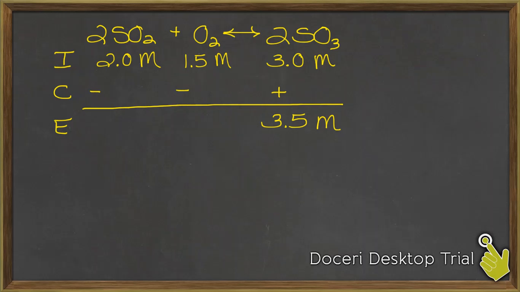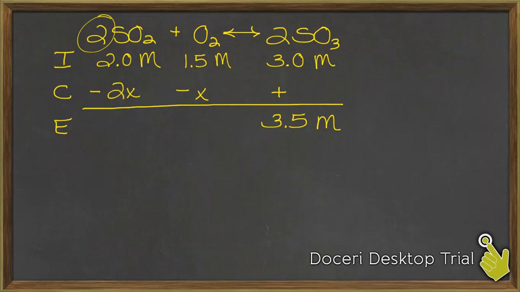Now watch what I write here. Under oxygen, I'm going to write minus X. Oxygen's molarity is going to decrease because I know this reaction is going to shift away from the reactants to consume some of them, but I don't know by how much, so I'm just going to call it X. Under SO2, I'm not going to write minus X, I'm going to write minus 2X because of that coefficient right there.